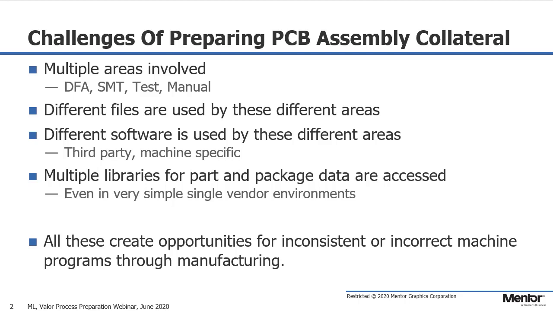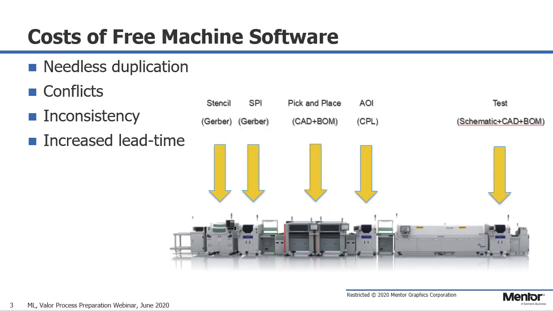Multiple libraries are then needed to be managed across these different machines. All these variations cause opportunities for inconsistent or incorrect machine programs across the PCB assembly line, as we will see in more detail on the next slide.